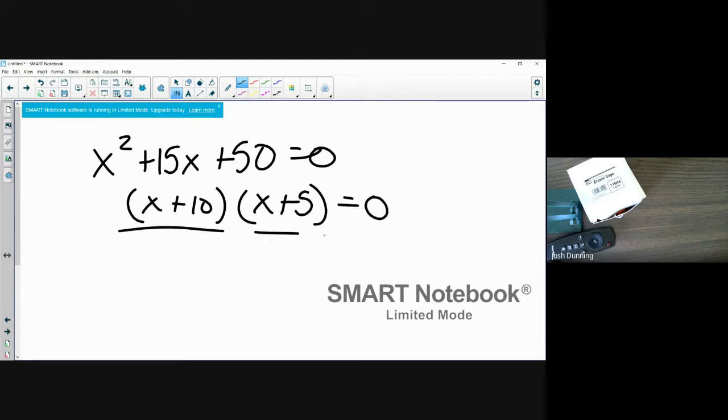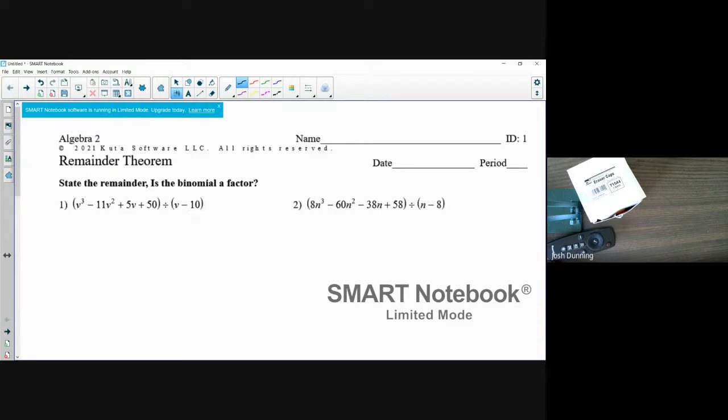These are factors, and the solution associated with the one that comes from x plus 10, remember, would be x equals negative 10. And then the solution associated with this factor would be x equals negative 5. All right, so just keep that in mind.